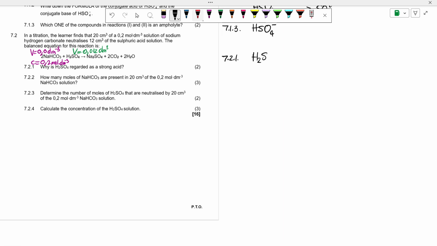Basically, how did we define strong acids? Is it because it ionizes completely in water? Yes.